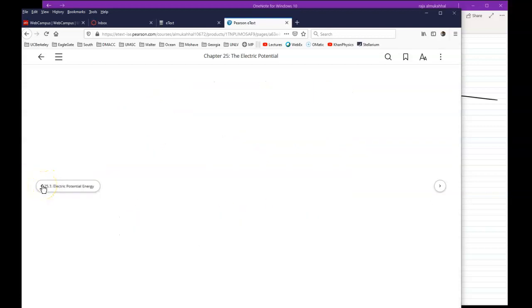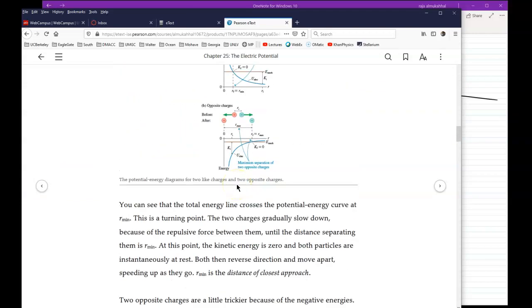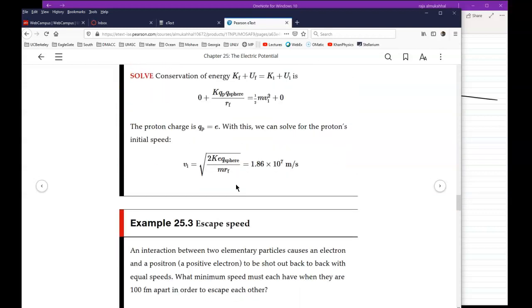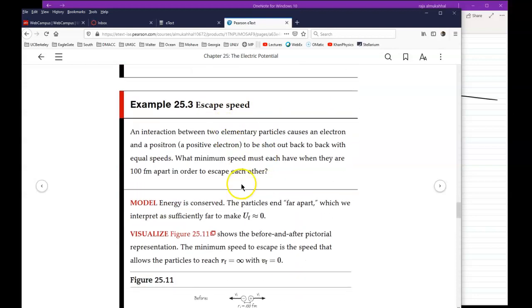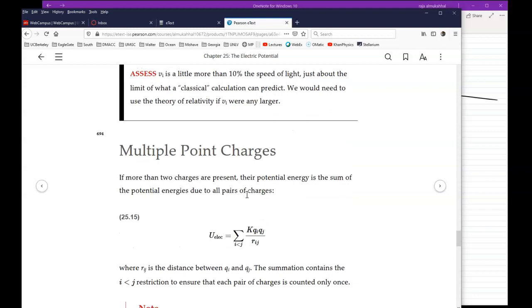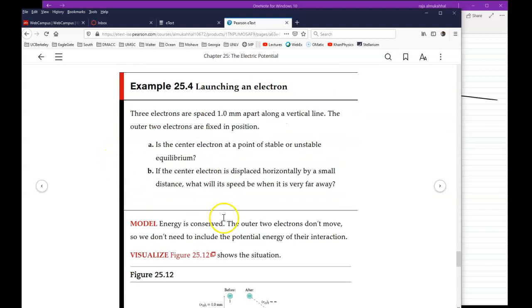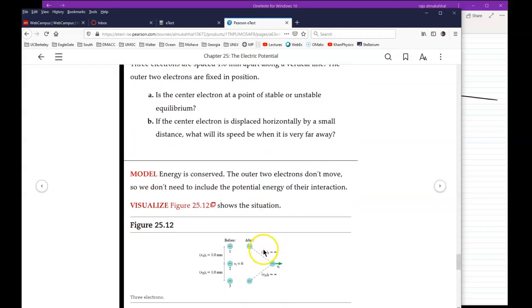Oops, back one page. That's the solution of the previous one. There we go. Oh, sorry. It's called launching an electron. Sorry, bear with me. There it is, right here. All right, so what you have here is a picture. Let me read the problem and I'll draw the picture for you.